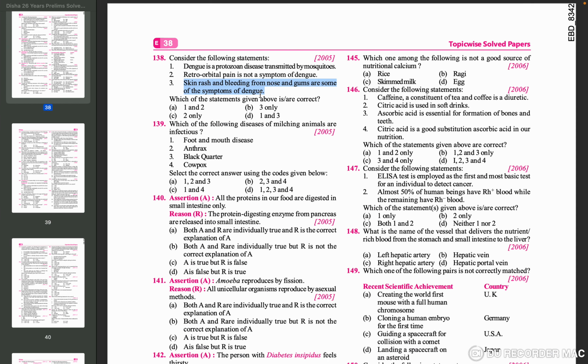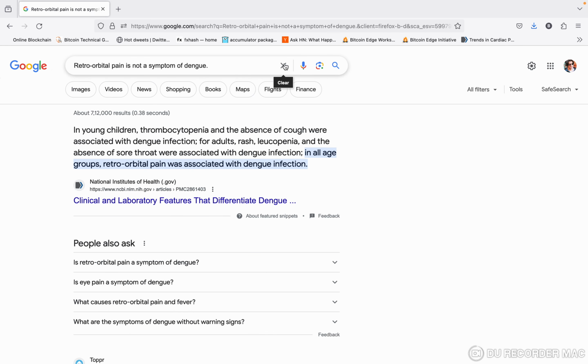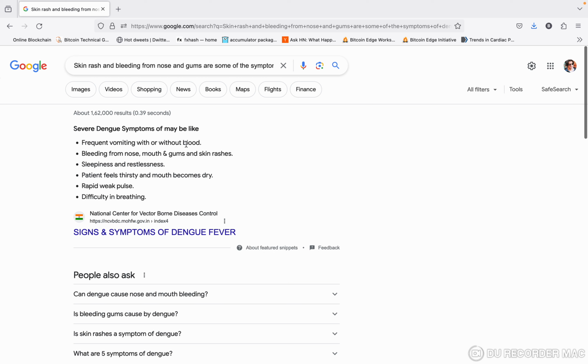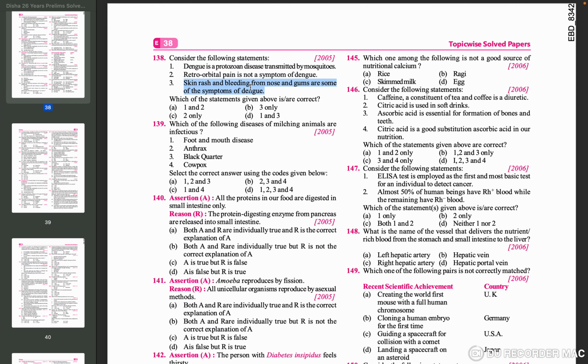Skin rash, bleeding, and nose gum are some of the symptoms of dengue. Let me check this option. Symptoms of dengue. Bleeding. Skin rash and bleeding.